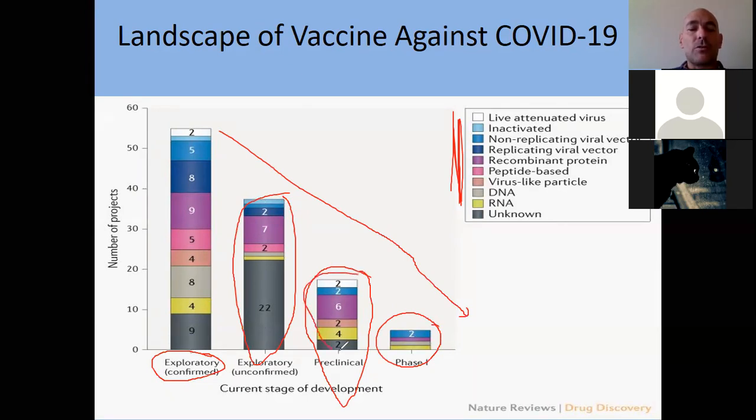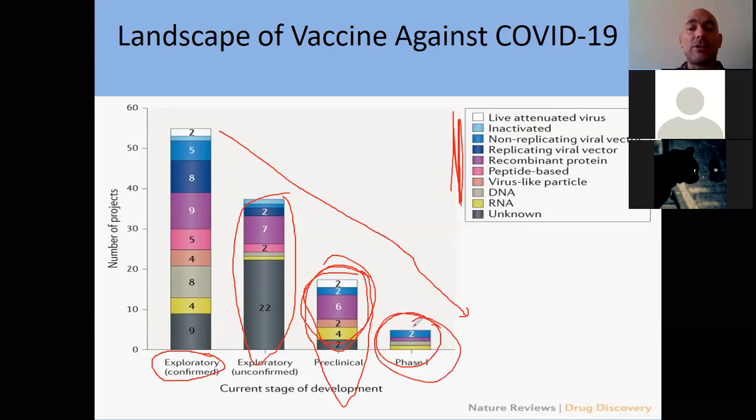So not many have been tested in animals. And now if you go from the animals to the human, you can see that again it is less than a third or a quarter that are now tested in humans.